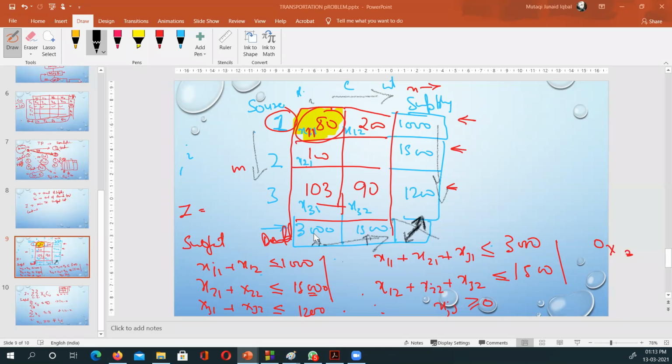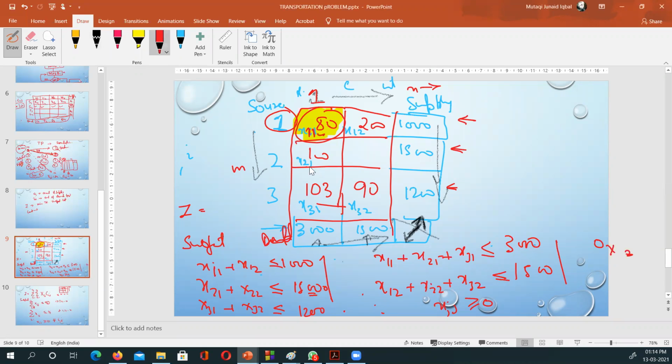We can't just write it is 3000. We should write the constraint the proper way. The constraint will be like this: X of 1 plus X of 2, because this is X of 1, this one is X of 2. For all of this column, the supplier is supplier number 1, right? For all of this, the supplier is 1, that is constant. Okay.